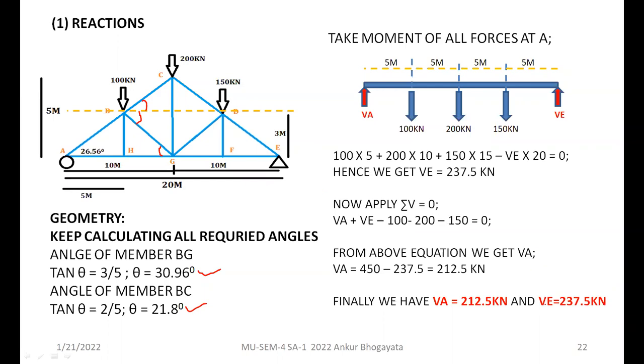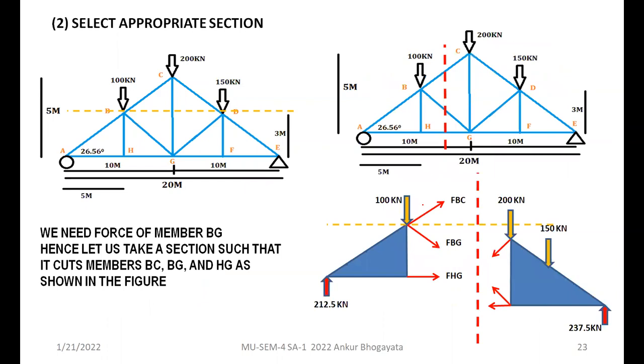Once your reactions are calculated, because our first aim is to find member force in BG member, right? See, I have selected a very simple and straightforward section over here. 1, 2, and 3 members are being cut. This is member 1, this is member 2, and this is member 3.